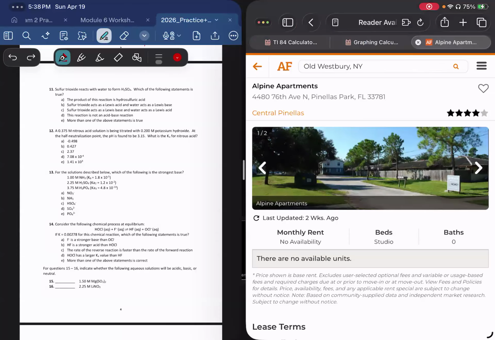Okay. So do you see how the Kb value for this is so big, right? That's why E is going to be the right answer when you compare it with ammonia, right? We know that A is kind of a silly answer, right?